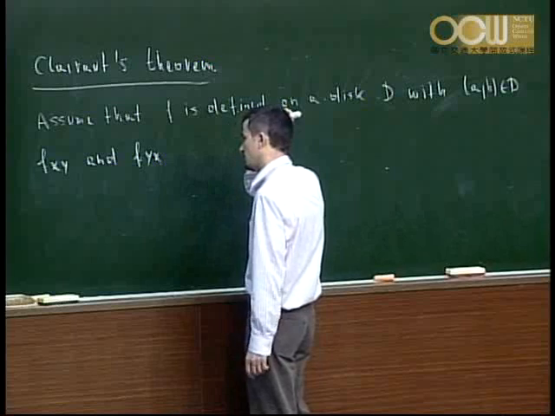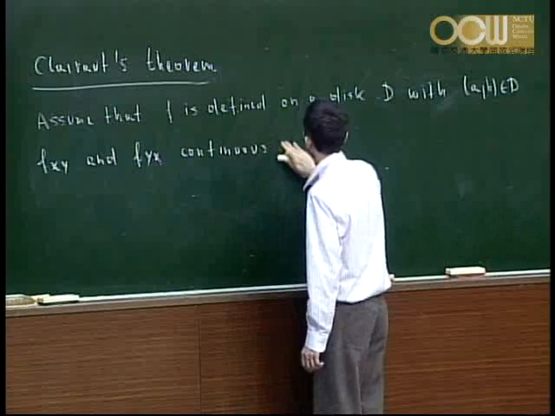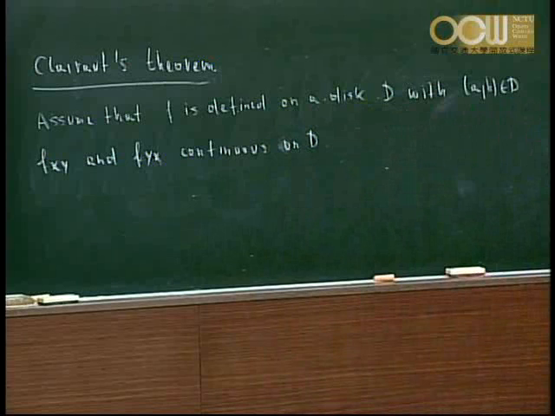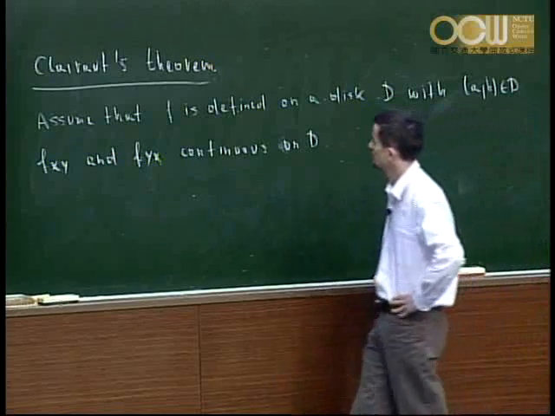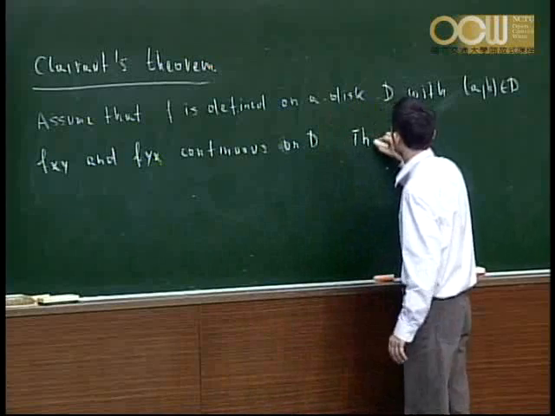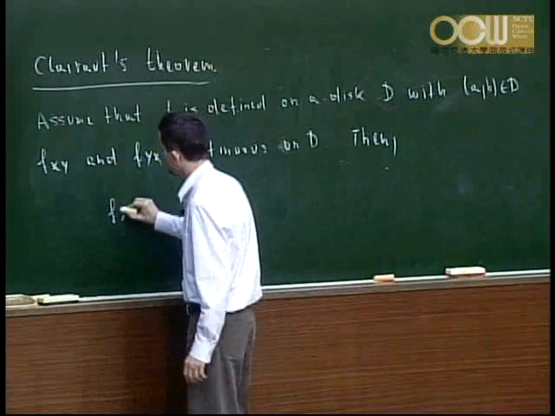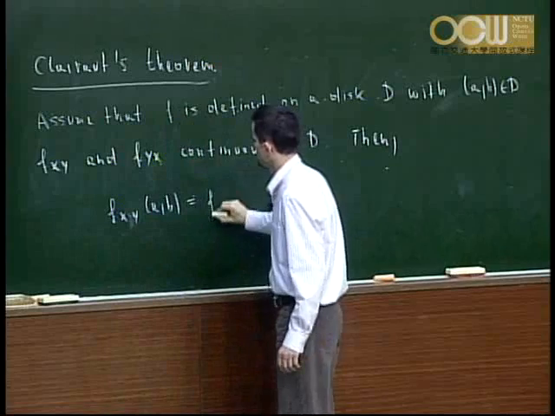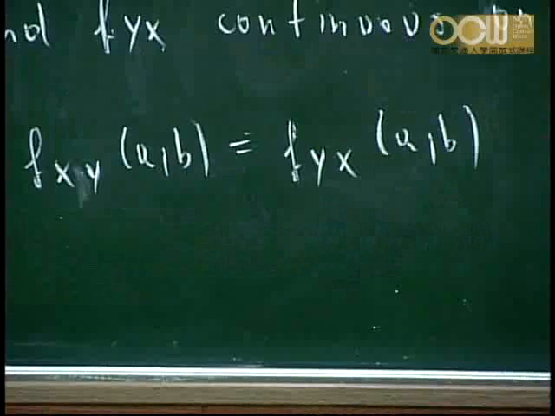Maybe let's even assume that they are continuous on D. These conditions can be somehow relaxed, so you see sometimes different versions of Clairaut's theorem. But if this is satisfied, then the mixed partial derivatives at (a, b) will be the same.